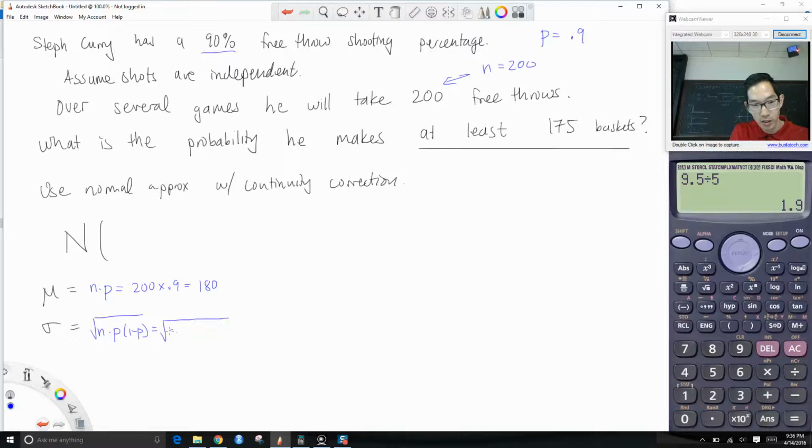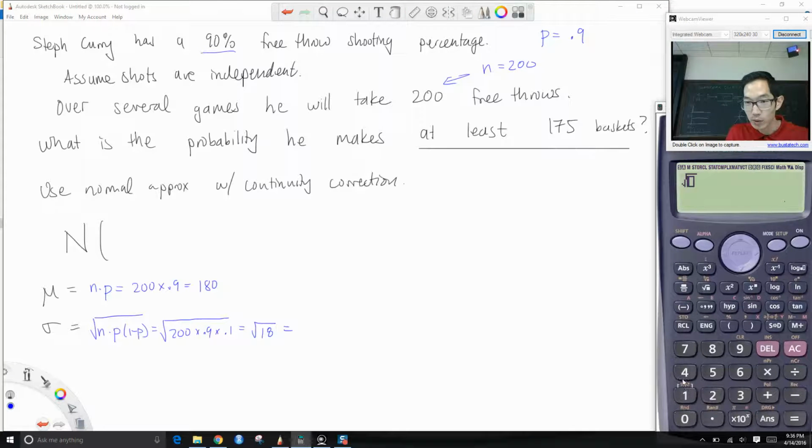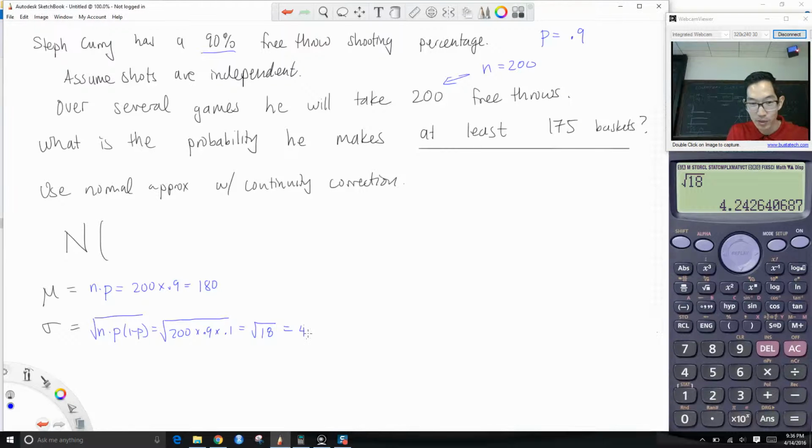That's 200 times 0.9 times 0.1, so we get the square root of 18, which is 4.243 or something like that. So mu is 180.